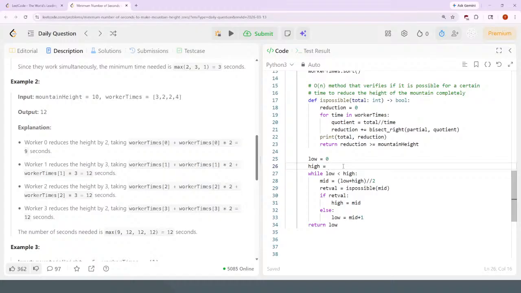I guess maybe if the first worker did everything, or the lowest worker did everything, this worker does everything, everyone does 1.